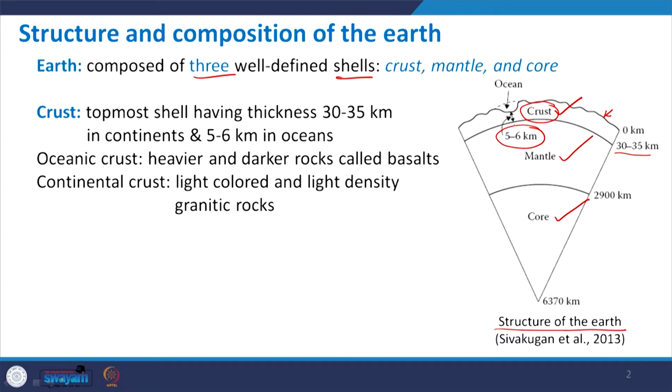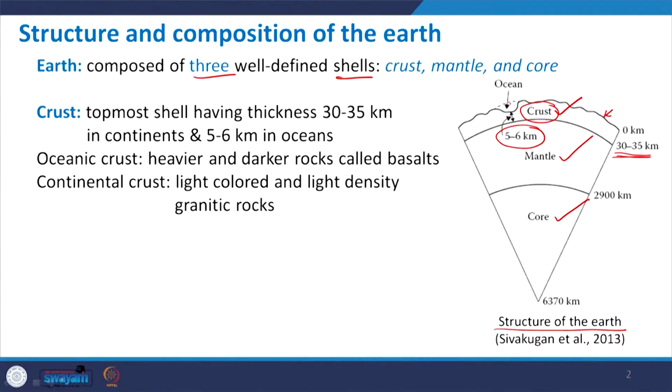So keep in mind that 30 to 35 kilometers below the earth's surface is the portion which is called the crust of the earth. Now wherever there is ocean, the thickness of this crust is less, that is 5 to 6 kilometers, and mostly in this part what you get is heavier and darker rocks called basalts.